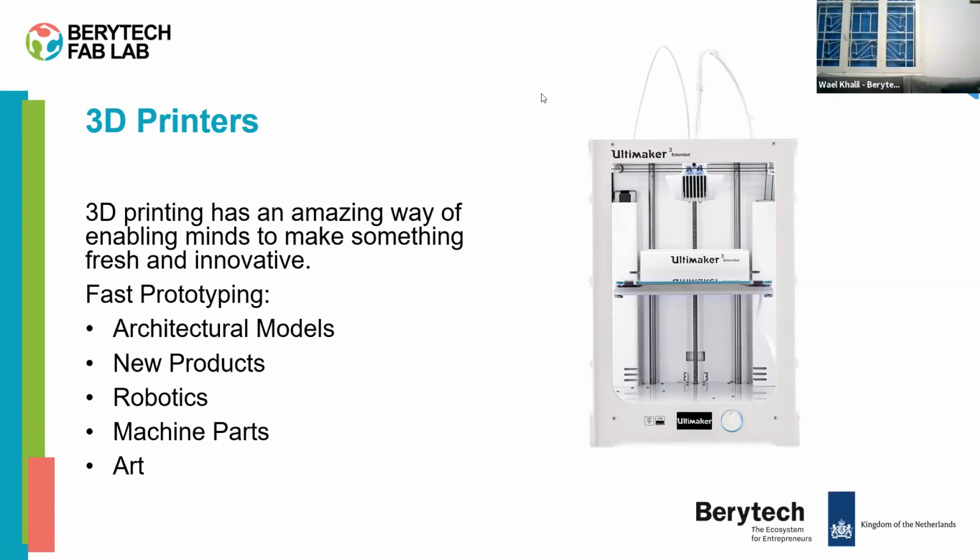Let me show you some. So it could be very complicated. This is a vase, for example, and it could be parts of machines. It could be gears. It could be anything related to developing a physical 3D part.